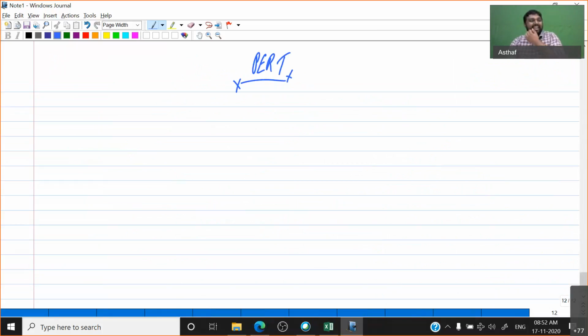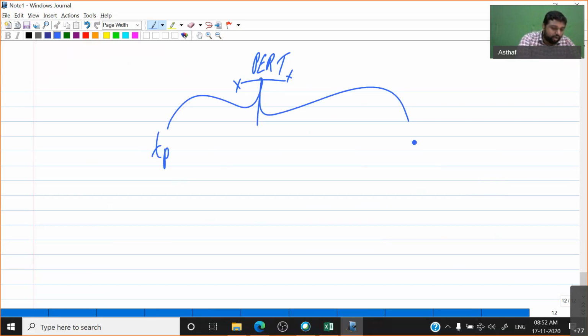This entire PERT is a very simple concept, used when you cannot ascertain the time. So they convert the time into three parts: pessimistic time, optimistic time, and most likely time.